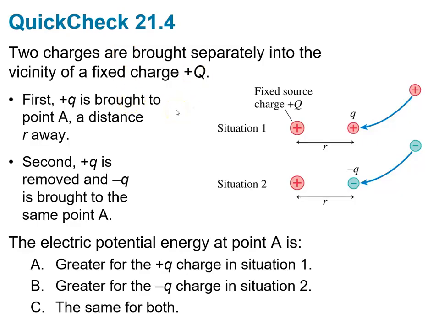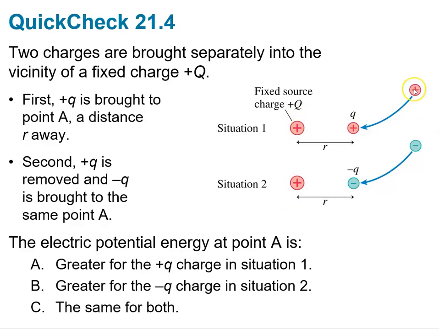So it says when two charges are brought separately into the vicinity of a fixed charge Q. So first of all, here's the fixed charge.